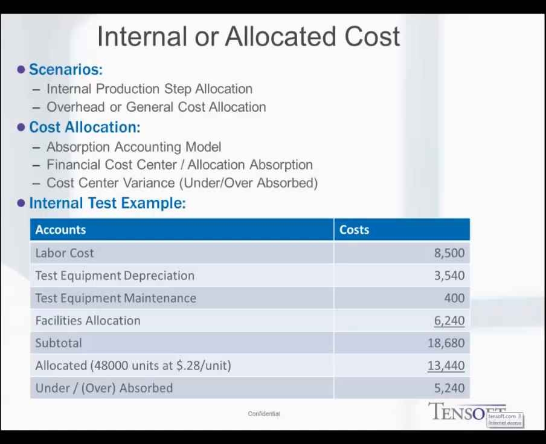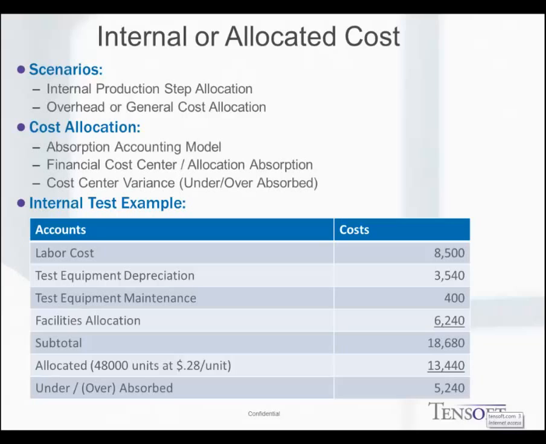But if there are significant timing differences between inventory creation and inventory cost recognition, if their inventory turns are a challenge, or at different velocity than you like, or whatever reason, there may be some reasons to use these cost scenarios, and certainly an internal production step would force those.